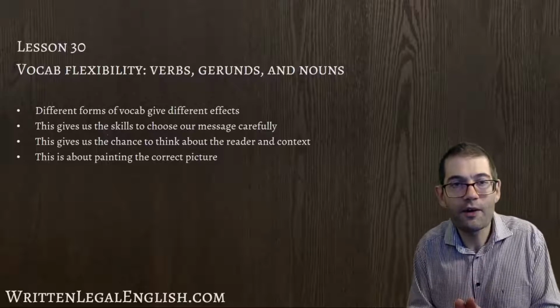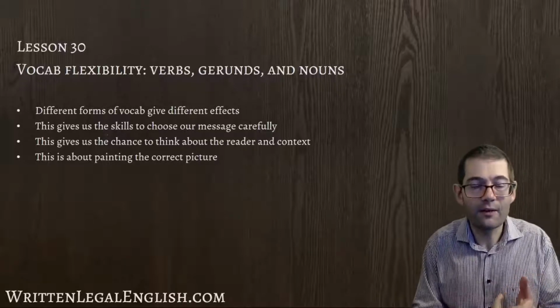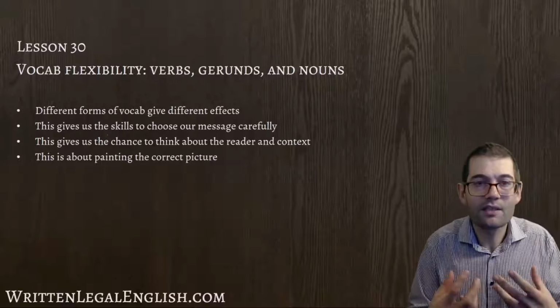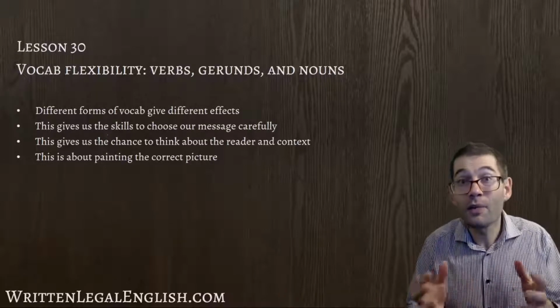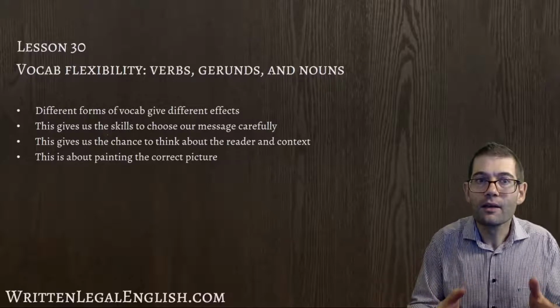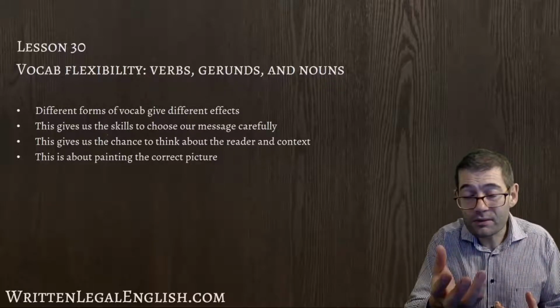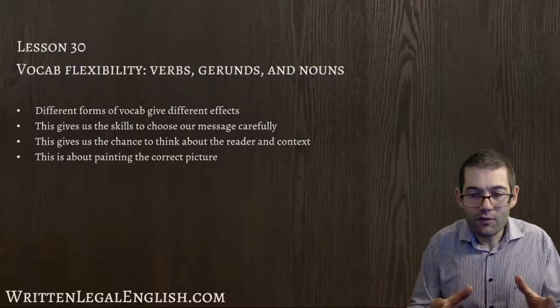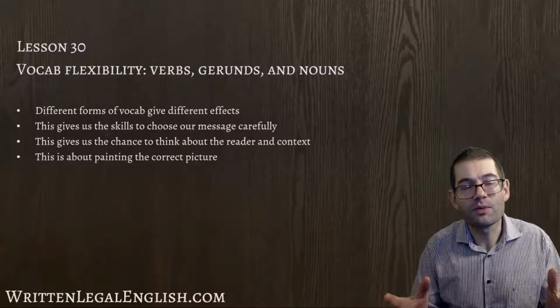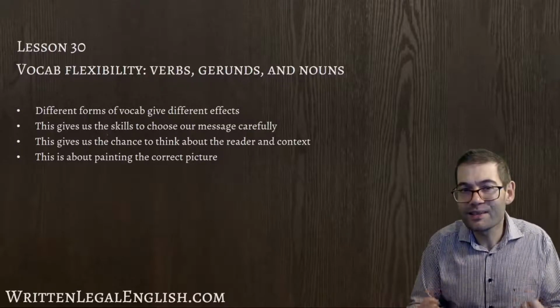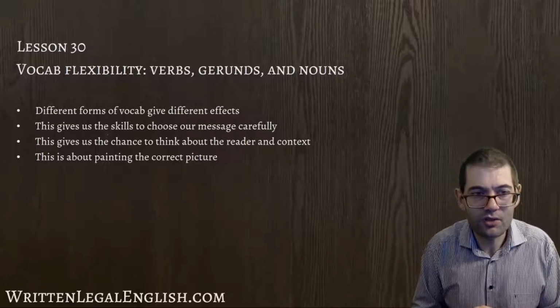Classes of vocabulary, whether it's a verb, a gerund or a noun, allow us to do exactly the same thing, create a different effect. But because the difference between using a verb, a gerund and a noun is that much greater, you'll see that in a second, those effects or the differences between those effects are that much more obvious as well. And that's something that we've really got to pay attention to.